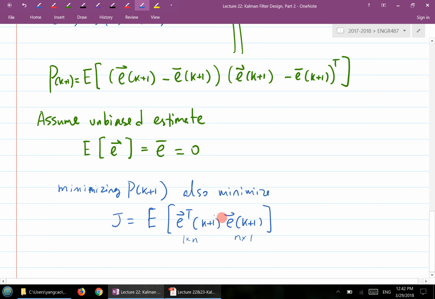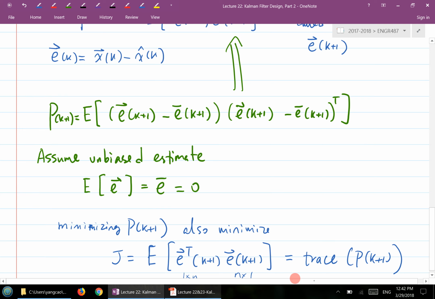The other difference is that the multiplication of these two vectors ends up becoming the trace of the original matrix P. The trace in linear algebra means the summation of all the diagonal elements. All the diagonal elements represent the variance.